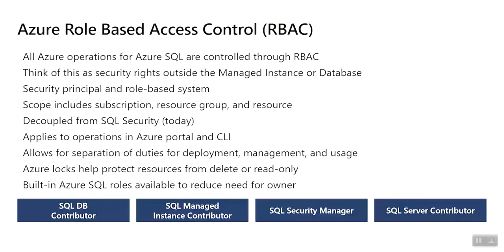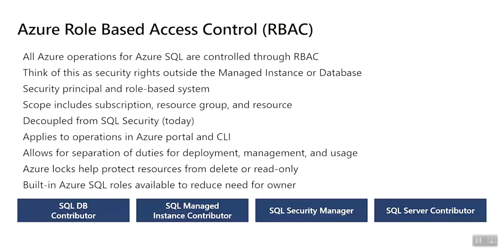So you can control access to resources using Azure RBAC by creating role assignments. And so a role assignment consists of three elements. It consists of a security principal, role definition, and a scope.